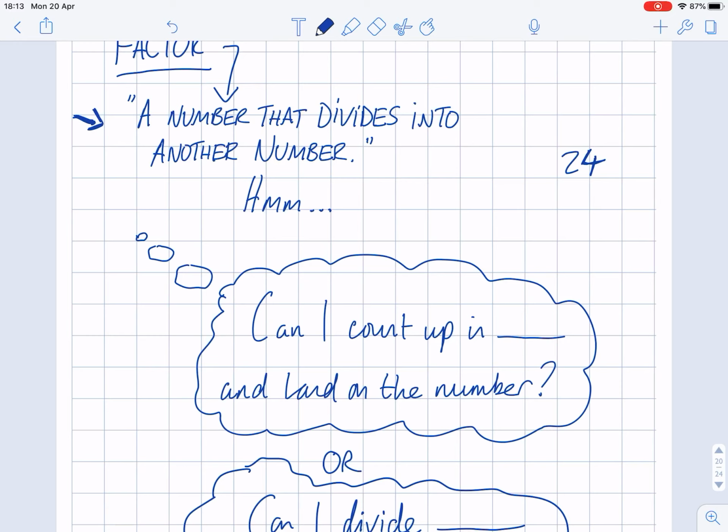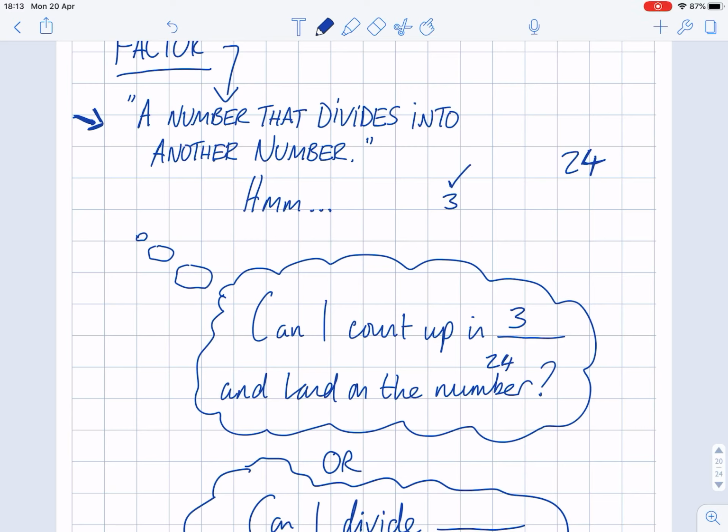Now, if I just choose the number 3 and I say, can I count up in 3s and land on 24? I can, can't I? Because I would go 3, 6, 9, 12, 15, 18, 21, 24. So counting up in 3s, I can land on 24. So because I know that to be true, 3 is a factor of 24.